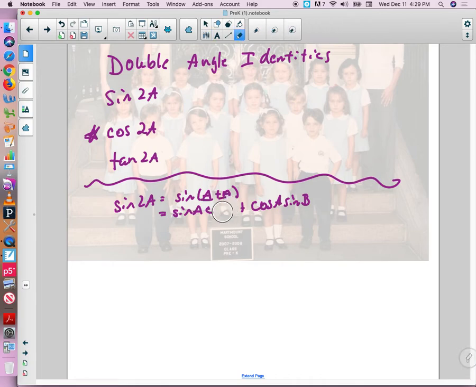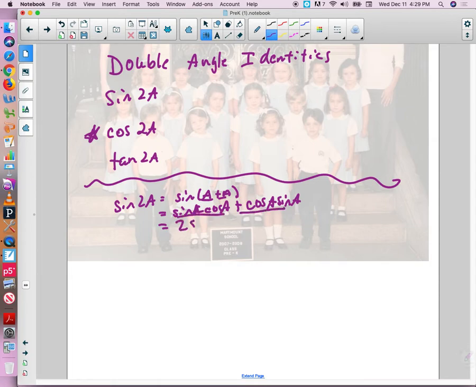And so right here we actually have sine A cosine A plus cosine A sine A, and so we have two of the exact same thing. So we learned that sine 2A is 2 sine of the single angle, cosine of the single angle.